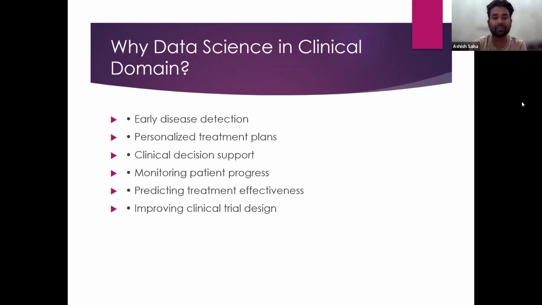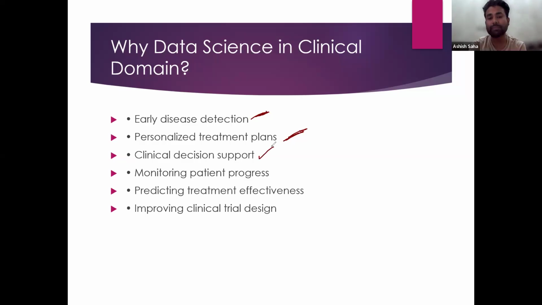So let's see what type of problems data science can handle in this domain. It can do early disease detection, whether the person has a disease or not, and personalized treatment plans. In today's world we can make an AI model that personalizes a treatment plan based on the person's disease.